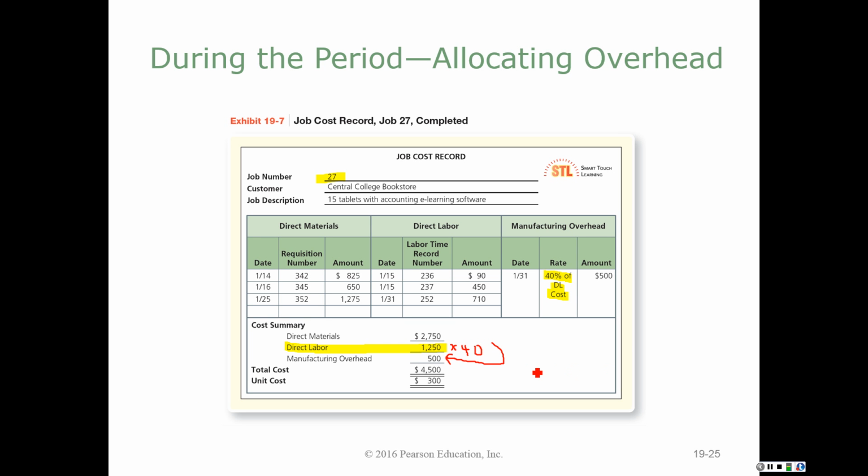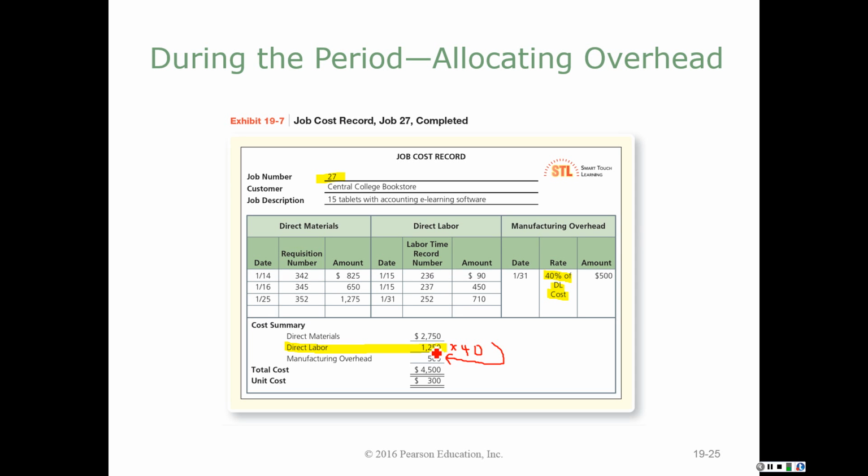I am going to allocate manufacturing overhead to job number 27 in the amount of $500. How did I do that? I've assumed that for every dollar I spent in labor, I spent 40 cents in overhead. So $1,250 in labor. Your labor doesn't change. It is what it is.